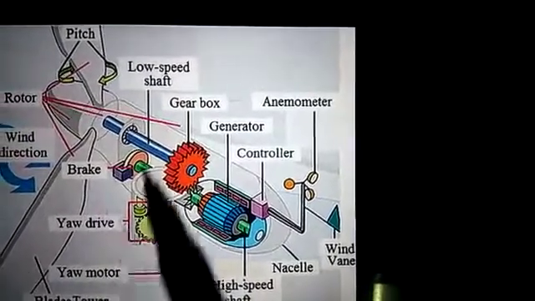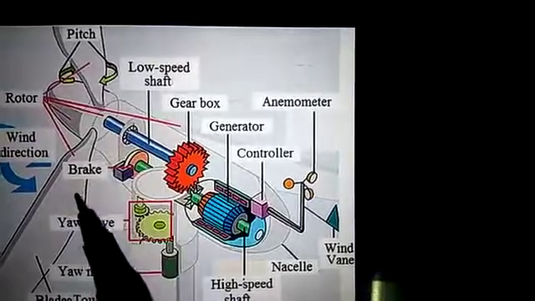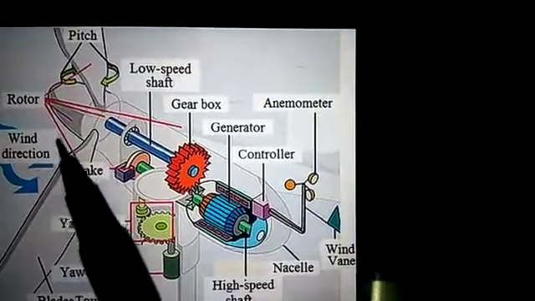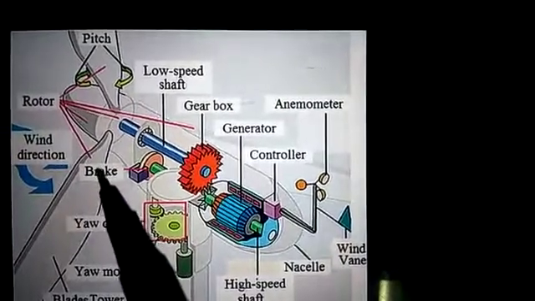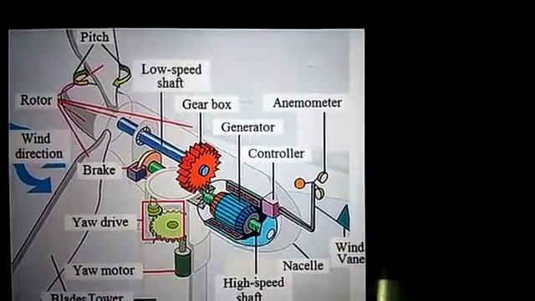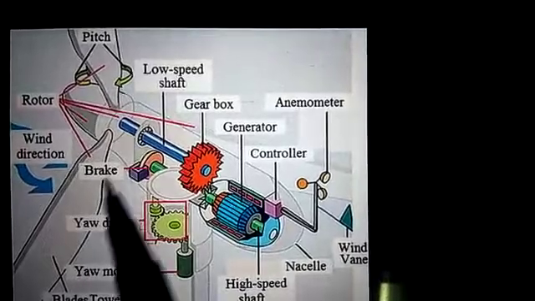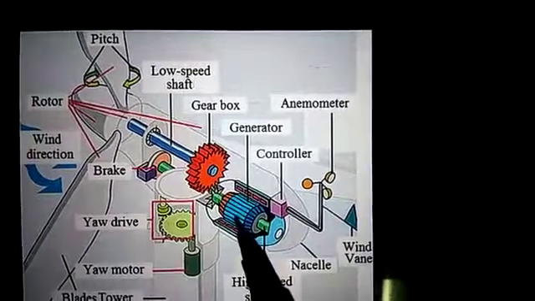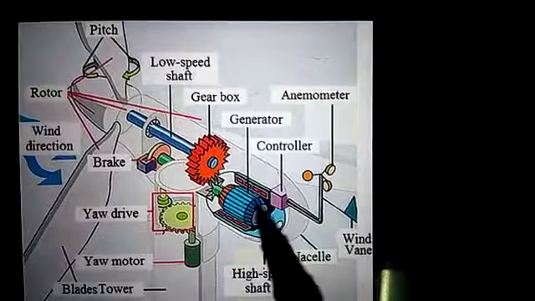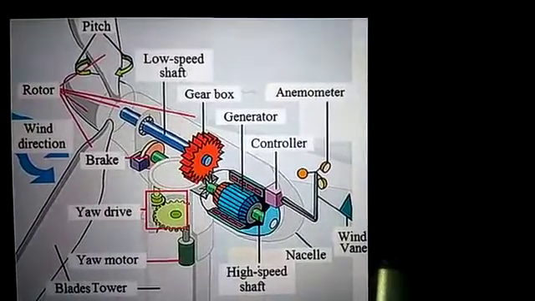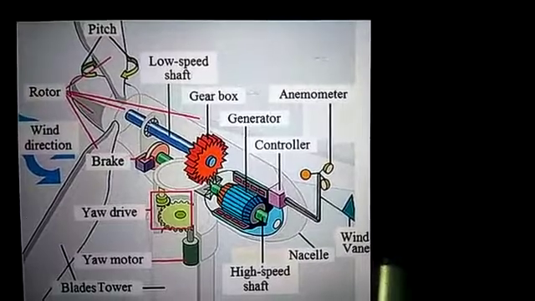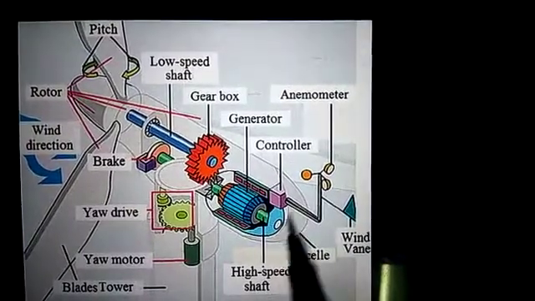Whenever the wind blows on the turbine blades, the working is called mechanical energy. This mechanical energy is converted here to electrical energy. That's why we say wind energy is converted to electrical energy.